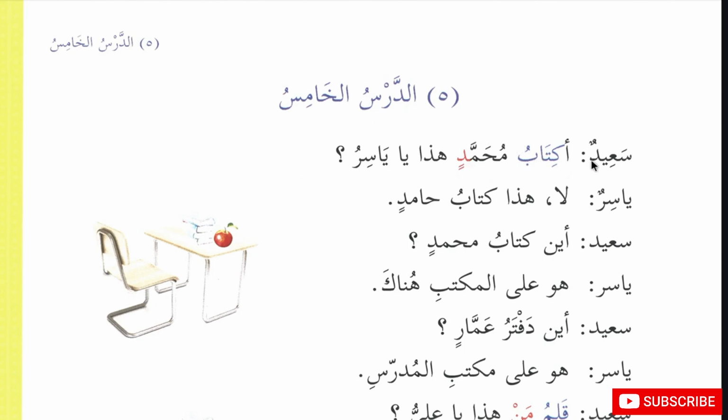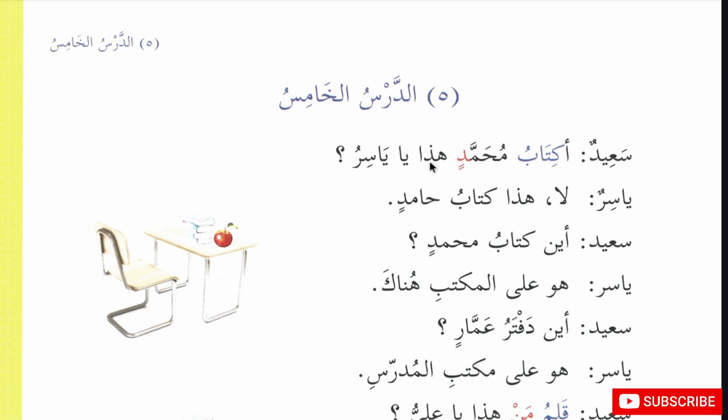So for example, Zaid says, "Akitabu Muhammadin hada ya Yasir?" So this is a question for the alif. Is this the kitab of Muhammad? And Muhammad owns the book. So the book of Muhammad or Muhammad's book.